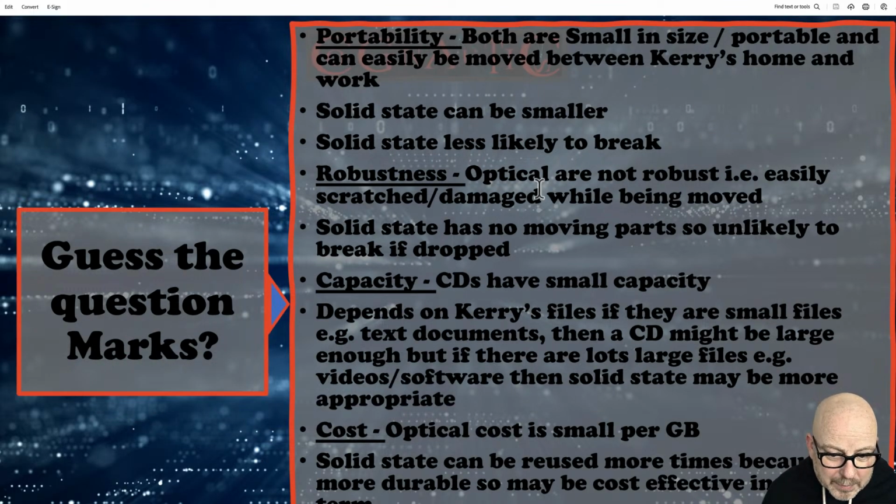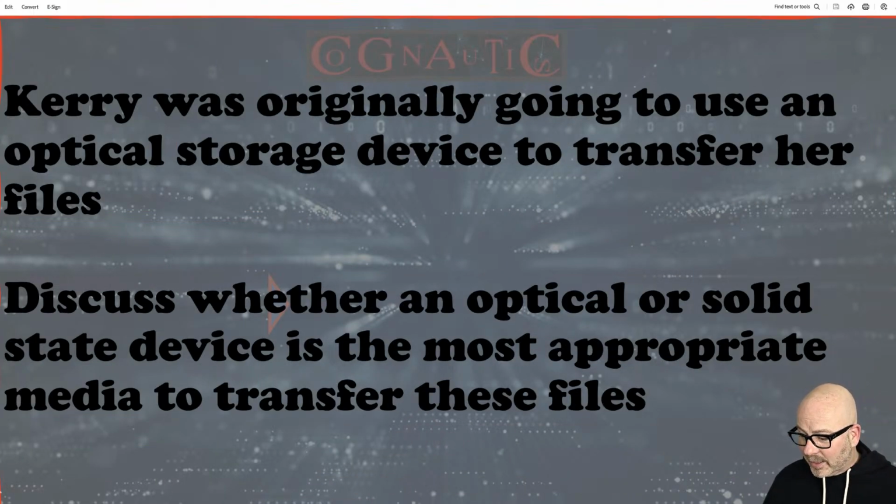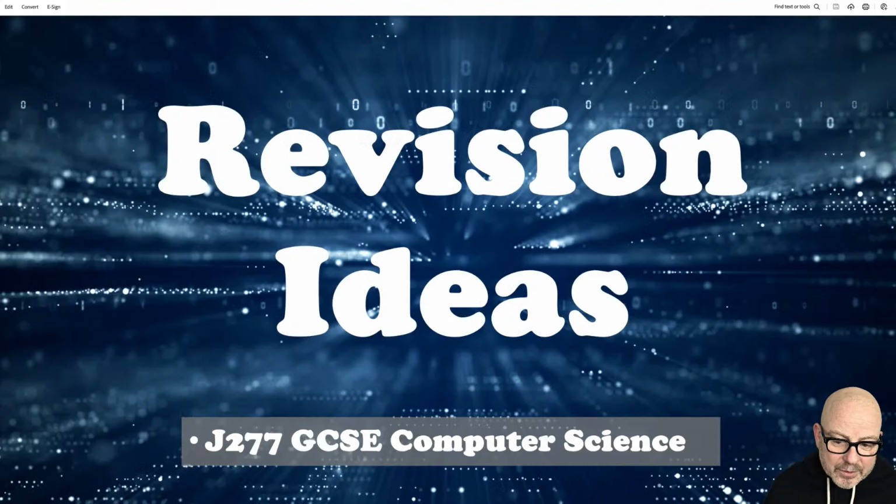So you can talk about portability, about it breaking, about the capacity. If they're talking about things like video and images, you want a bigger capacity. If it's just Word documents and text files, the capacity isn't such an issue. So read between the lines a bit, look at the scenario and see what you need to do.